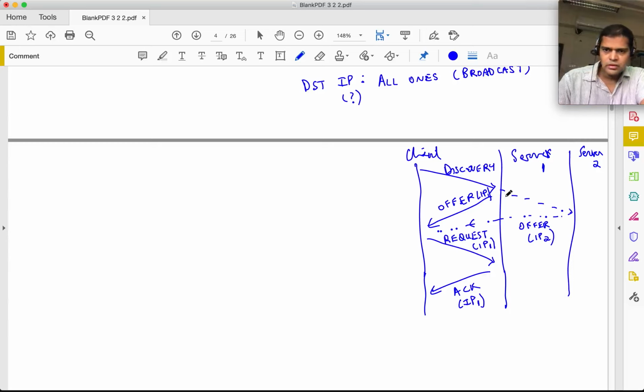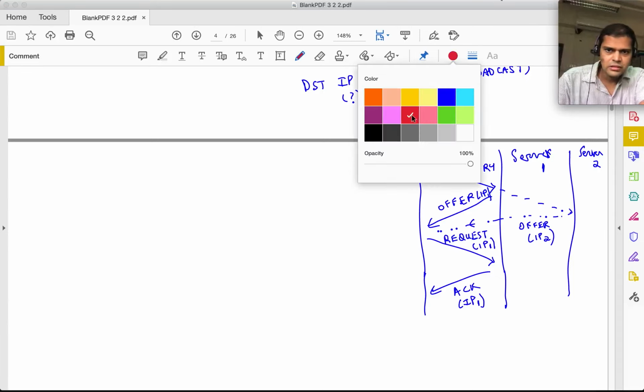Now you clearly see multiple offers have been made, so it doesn't make sense for each of these servers to say that both IP addresses are being used now, because only one of them is going to be accepted. So the client, let's say, prefers IP1 for whatever reason, it chooses among these, and it sends a request and an ACK. And this server says that IP1 is needed. This other server didn't get a request from the client, so IP2 is still available to be allocated to somebody else.